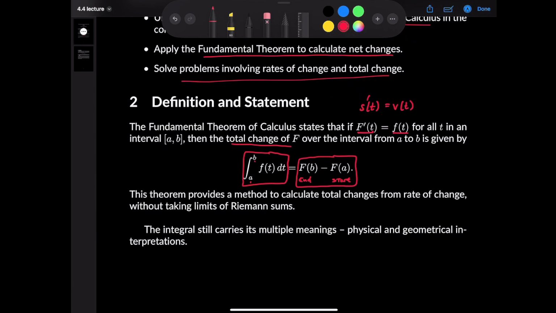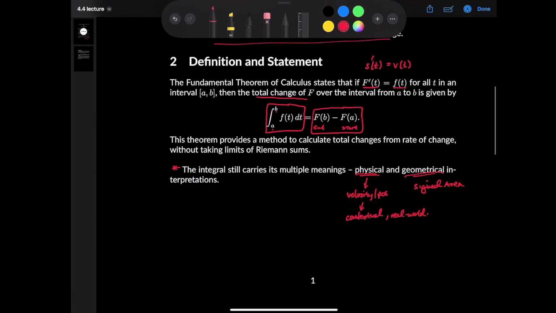So what this says here still carries its multiple meanings. It's physical. We can think about it in terms of velocity and position and acceleration and velocity, and also geometrical, meaning the idea of signed area. This is in velocity and position, but also any contextual or real-world problem situation. It doesn't just have to be physics.